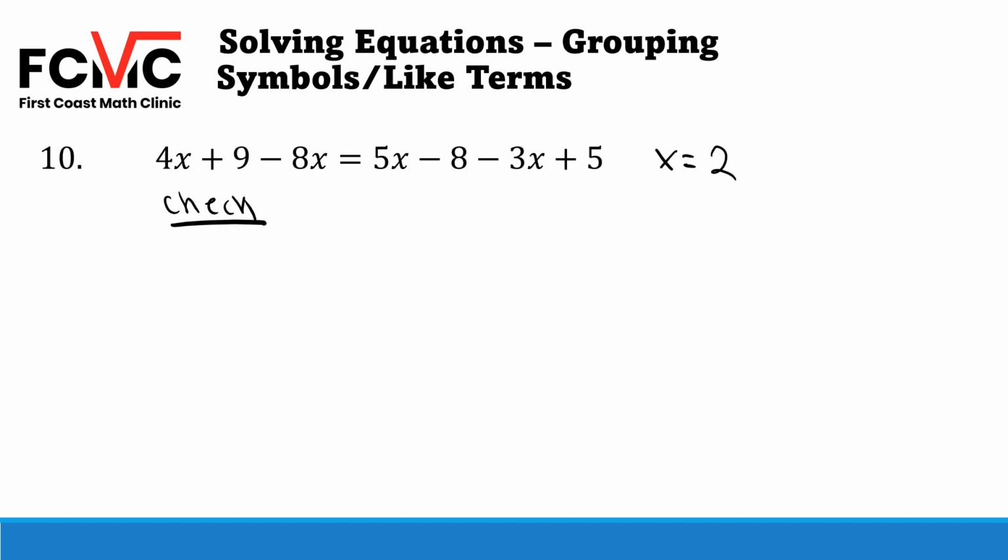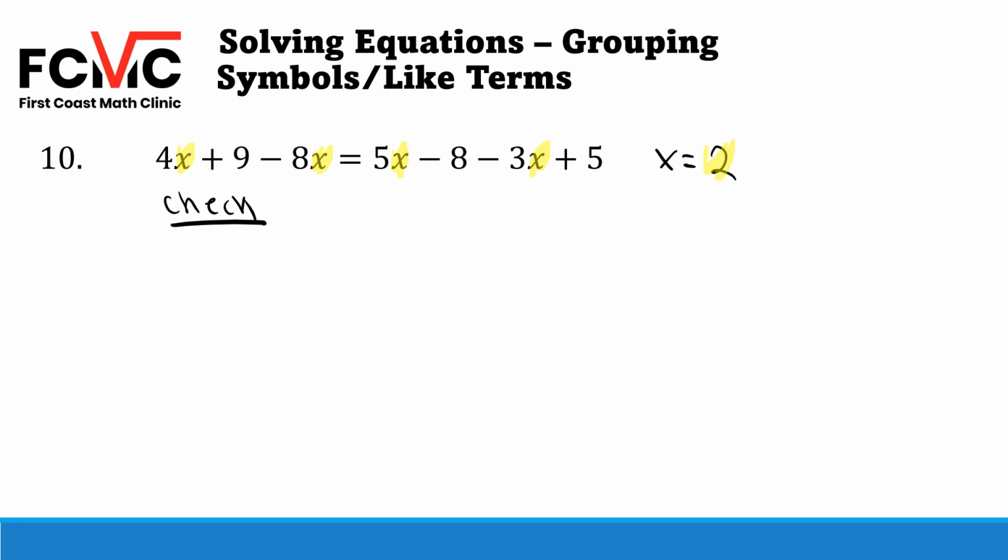All right, so for number 10, we've got 4x plus 9 minus 8x equals 5x minus 8 minus 3x plus 5, and our solution is x equals 2. So I wanted to check this one because there's a bunch of different places to put that x in on each side. So if x is 2, we could put the 2 in here, here, here, and here, right?